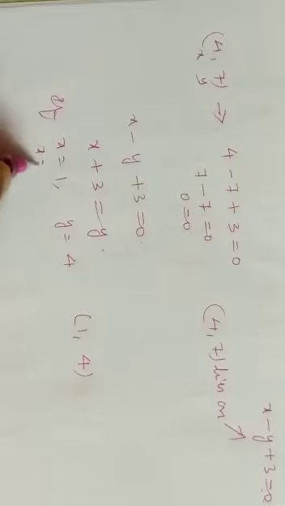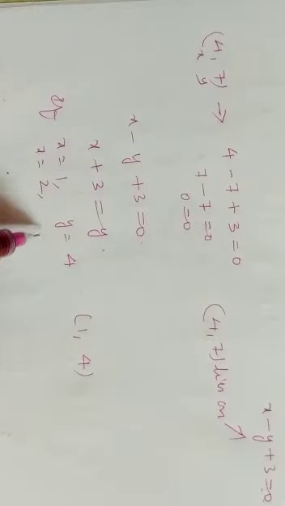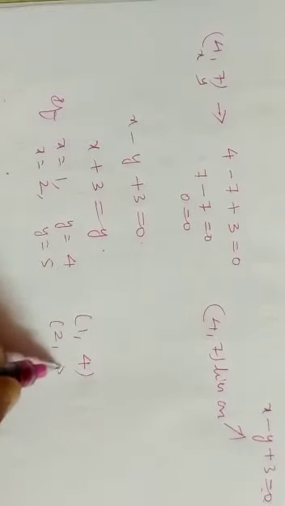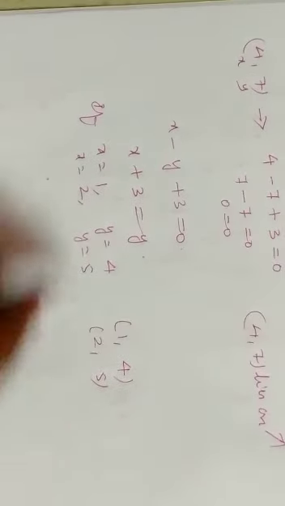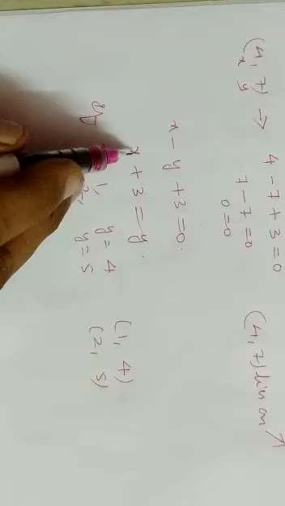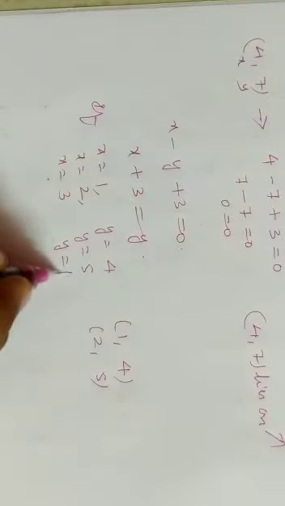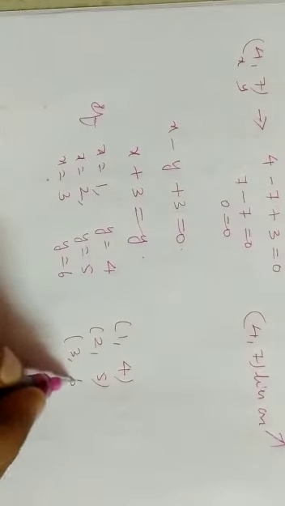If x equal to 2, what is y? 2 plus 3, 5. So y equal to 5. The point is (2, 5). If x equal to 3, what is y? 3 plus 3, 6. So the point is (3, 6).